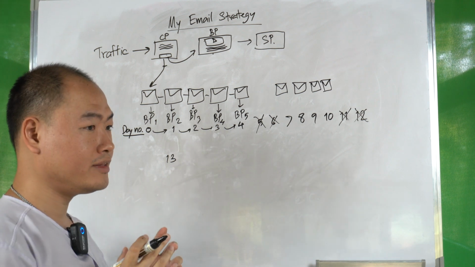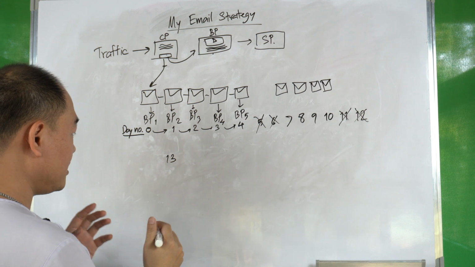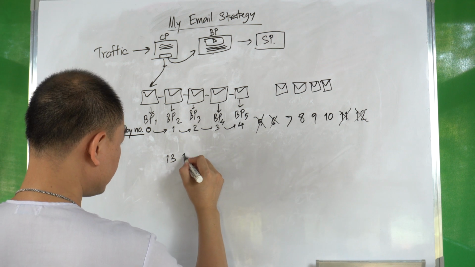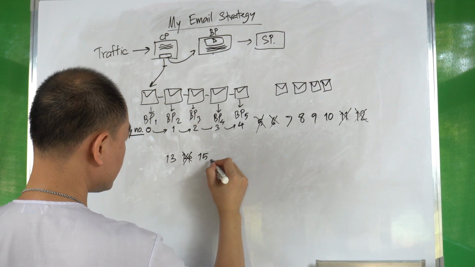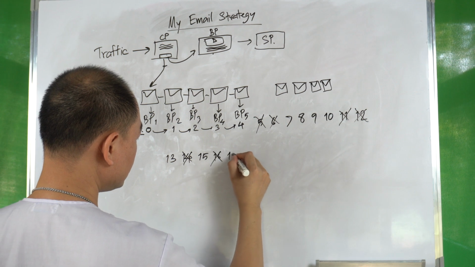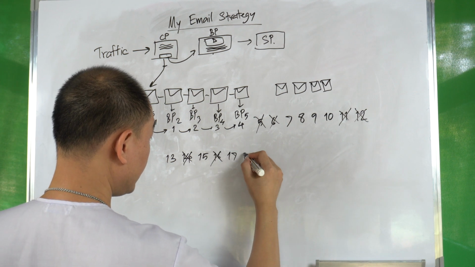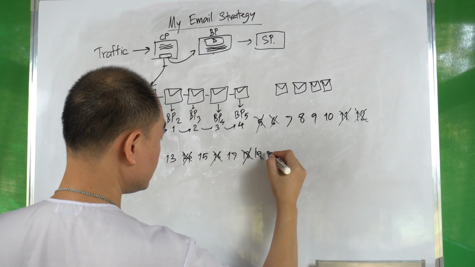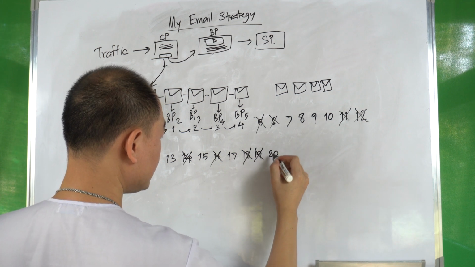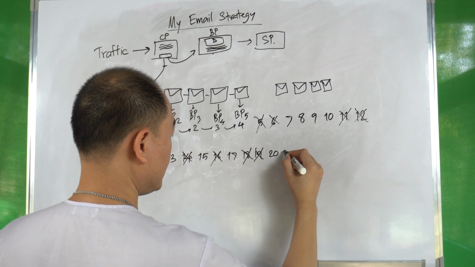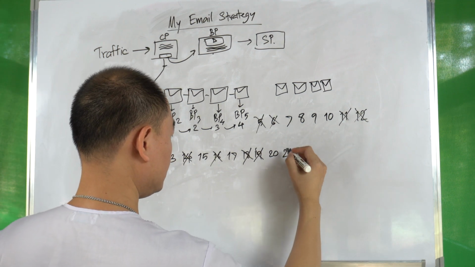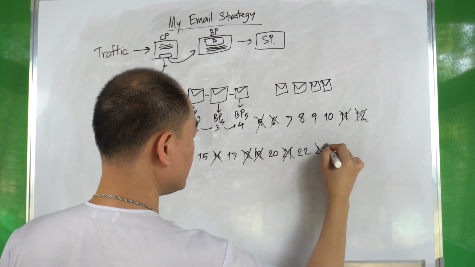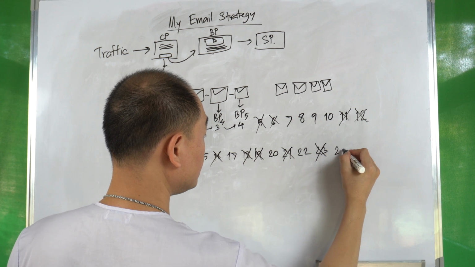I'm not going to send them an email every single day anymore after the first 2 weeks because I don't want to disturb them. So it's going to be 13 yes, 14 no, 15 yes, 16 no, 17 yes, and then 18, 19 is a no, and then day 20 yes, day 21 no, day 22 yes, day 23 no, and then day 24, something like that.